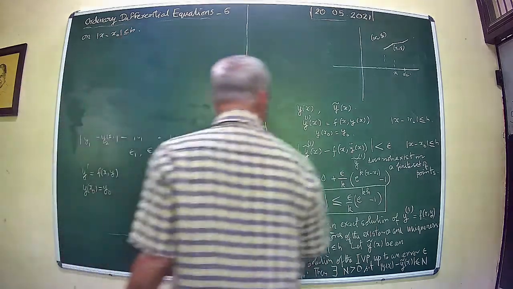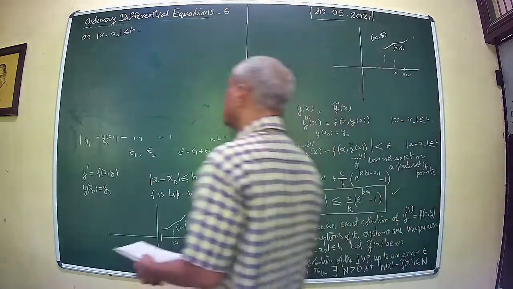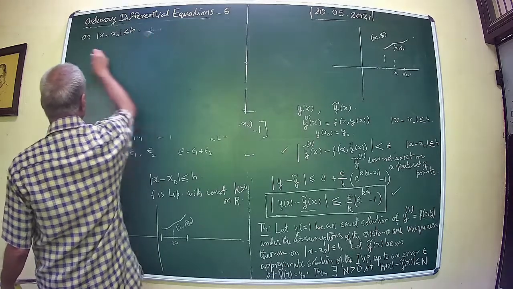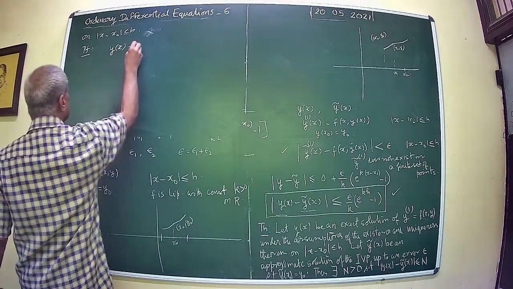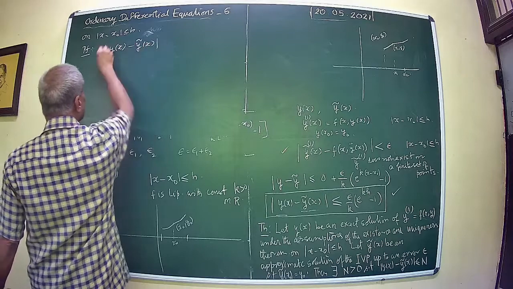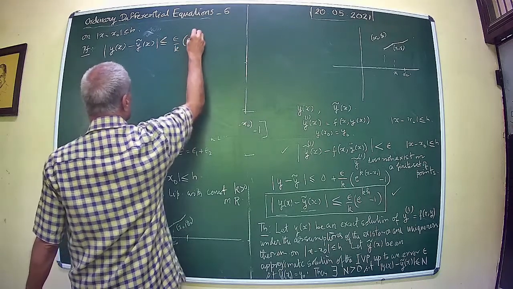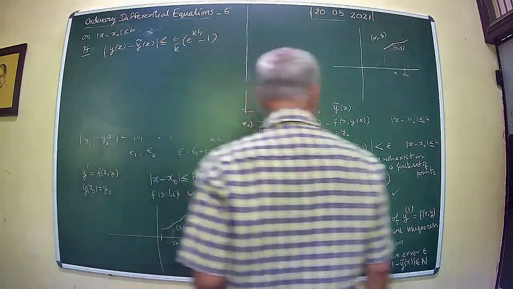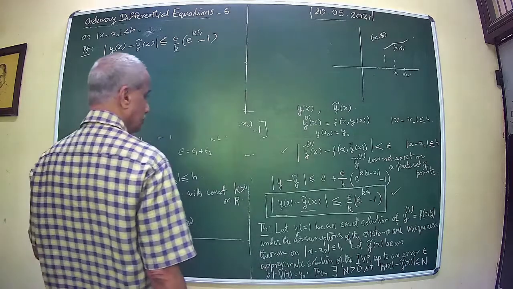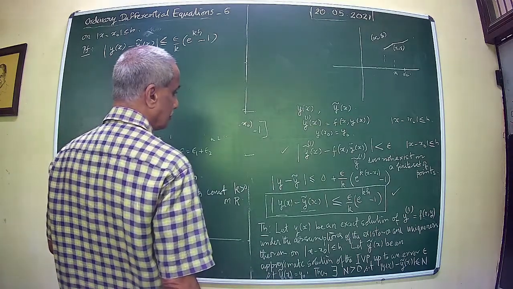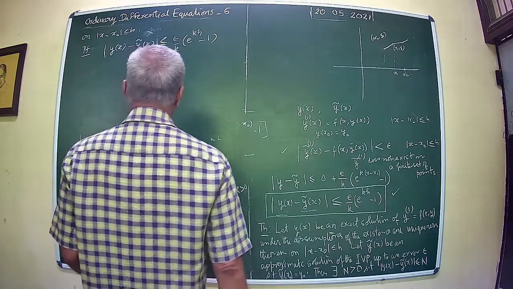Now this one follows from this inequality. All that you need to do is write, we have the inequality y(x) minus y tilde(x), and write.